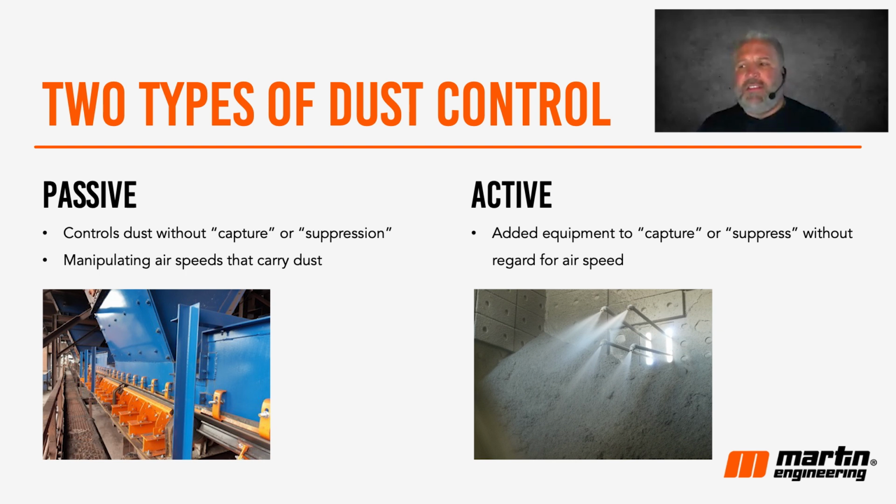Active dust control is adding additional equipment to capture or suppress dust without any regard for controlling or manipulating or slowing that airspeed. Usually, active dust control is expensive. It requires a lot of auxiliary equipment, and it can create some unintended consequences that you may not have expected. So we're going to talk a little bit more about that.